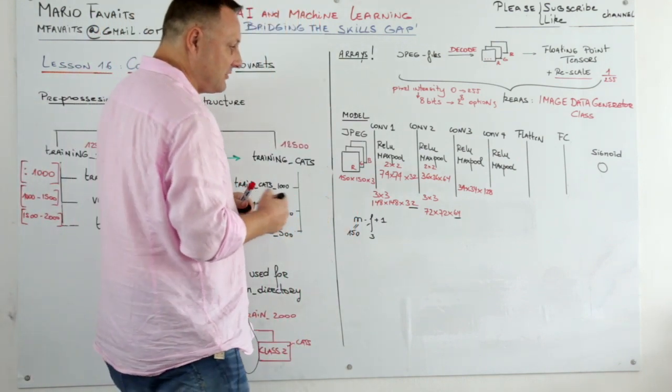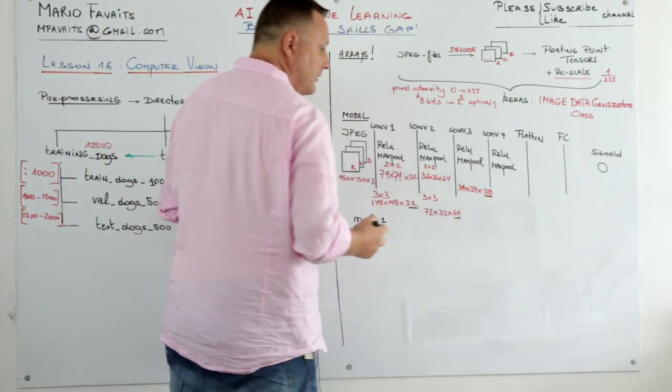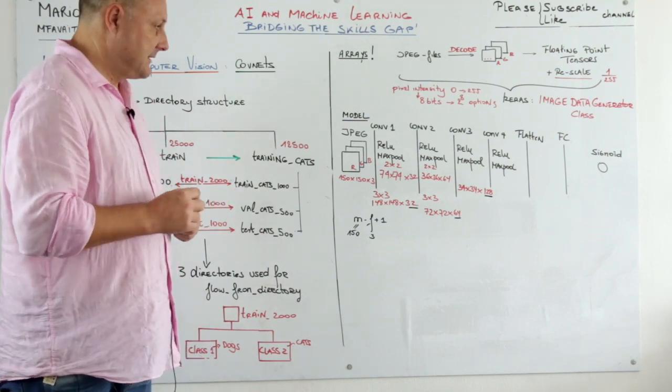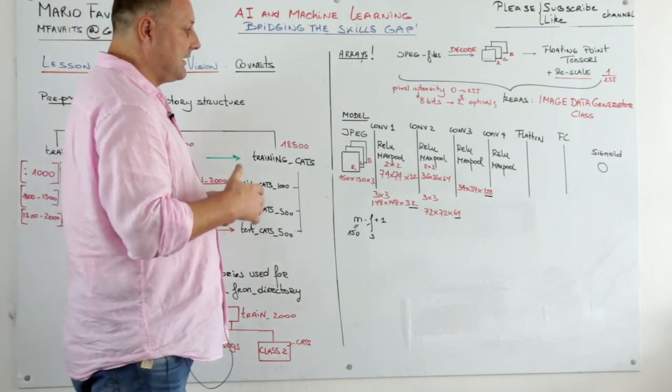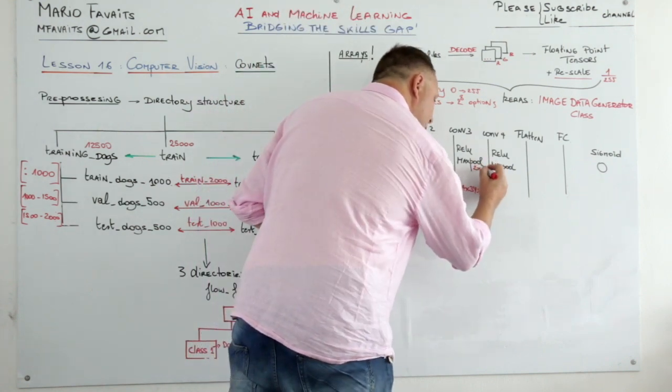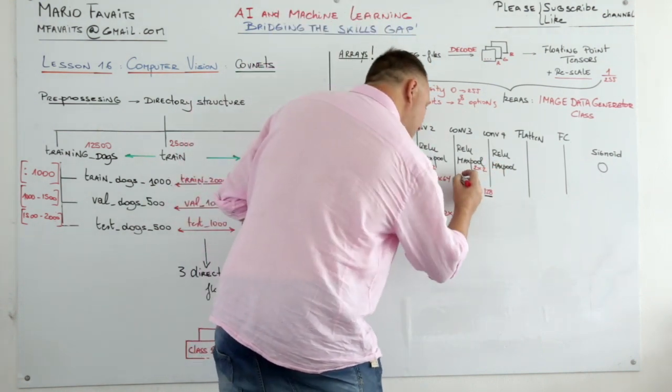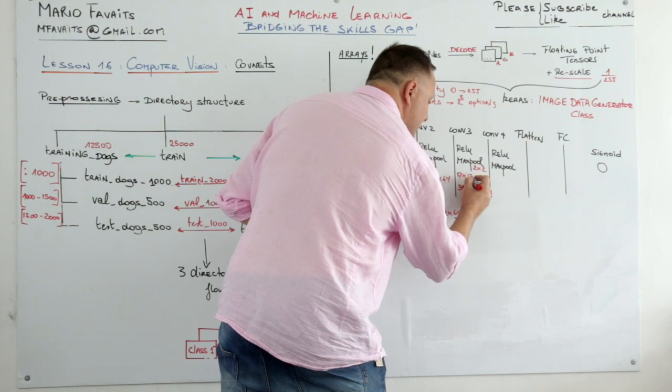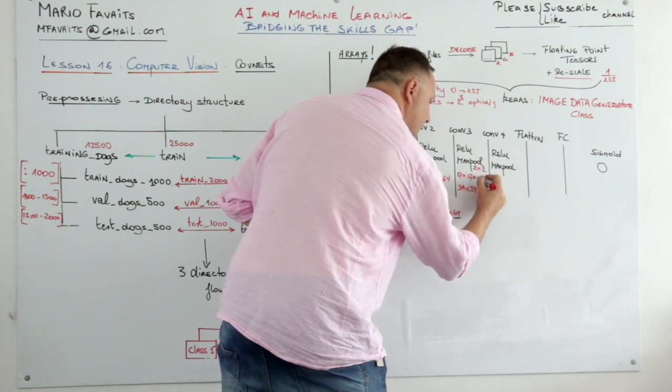So again we double the number of filters. And here again we're going to max pool with a 2 by 2. So the end result is going to be that we have a 17 by 17 times 128.